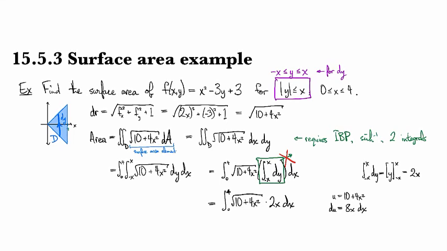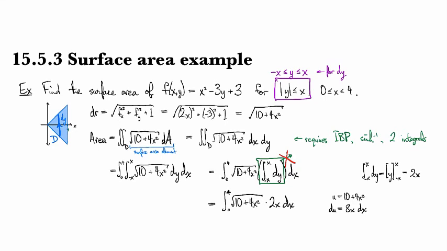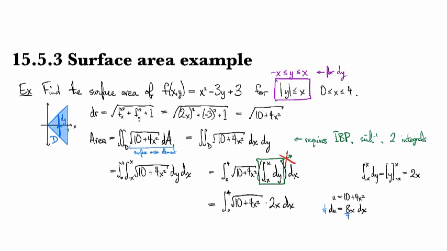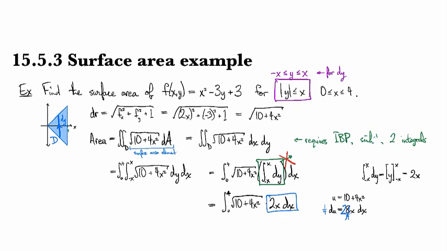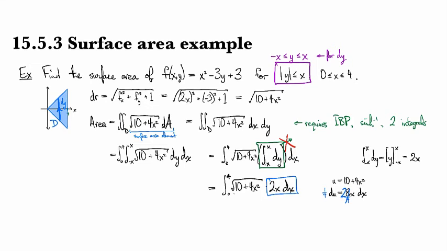I've already got a 2x dx in there, so if I divide both sides by 4, then this is going to be my 2x dx. And this part here is going to be my square root of u. So this becomes the integral of u to the 1/2 times 1/4 du.